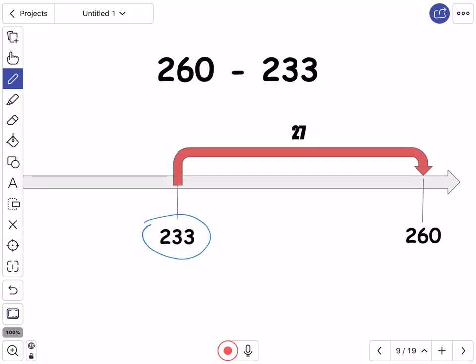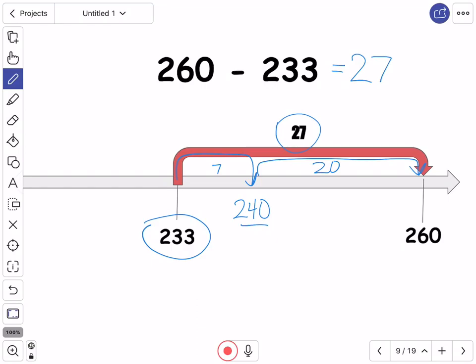So if I've got 233, I could simply think about getting to 240 if I wanted to. And from 233 to 240, that would be 7. And then from 240 to 260 would be another 20. So I have essentially gone 27 spaces. So 260 minus 233 equals 27.